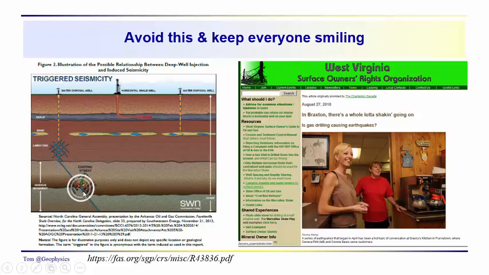So it's important to make a distinction between these two activities, hydraulic fracture stimulation and wastewater injection. And, again, be transparent and responsible in your operations. It's important to proceed with caution, as noted in the previous slide, but also to be transparent and responsible in your activity.